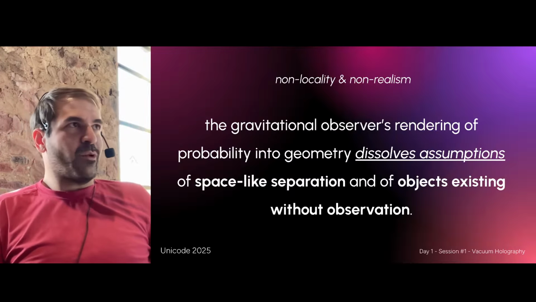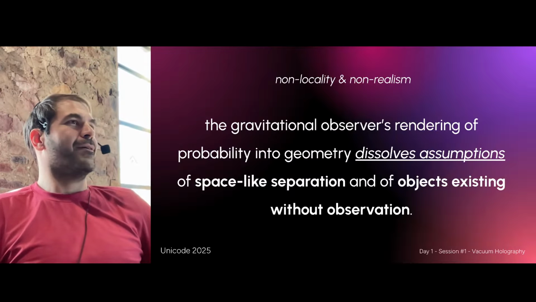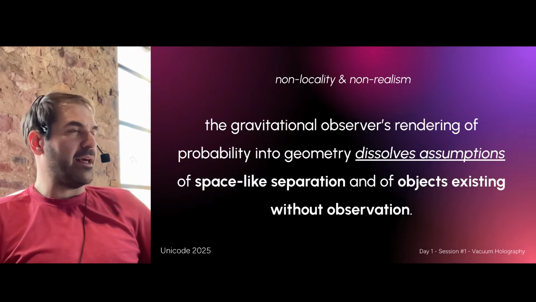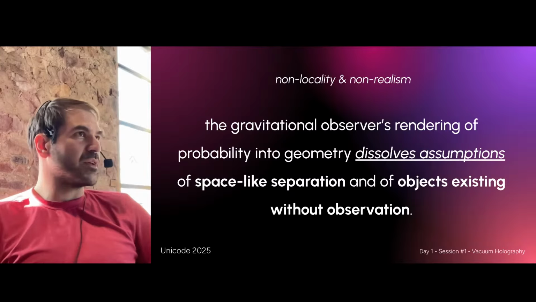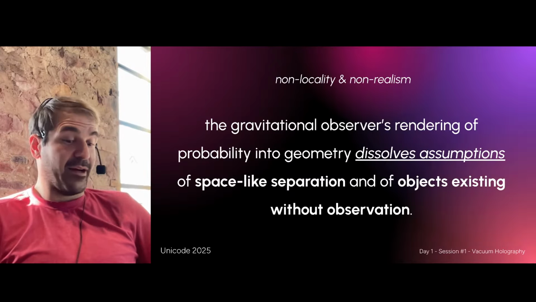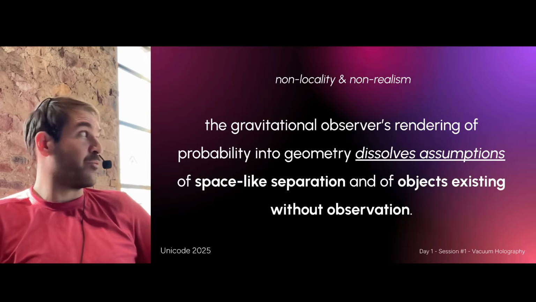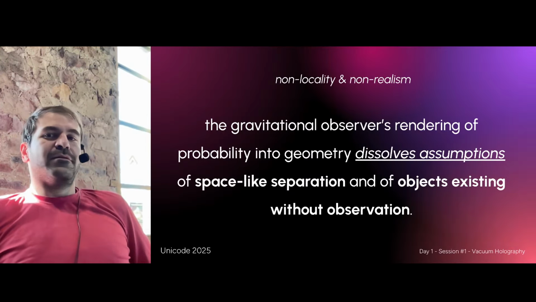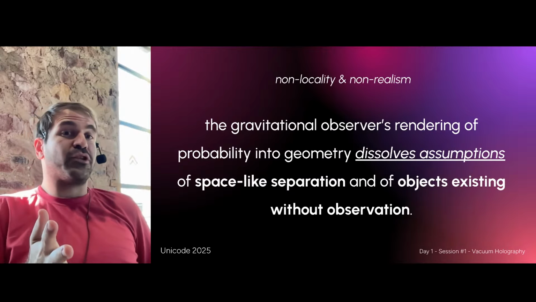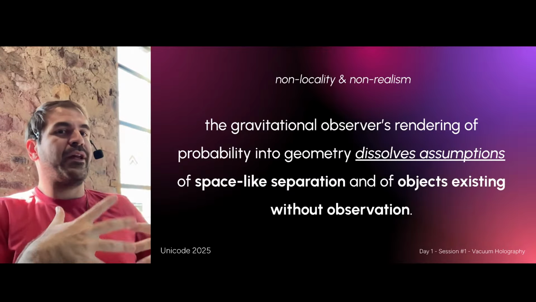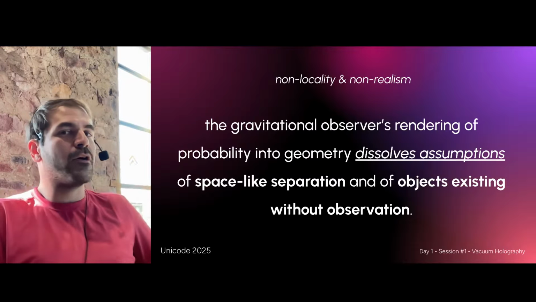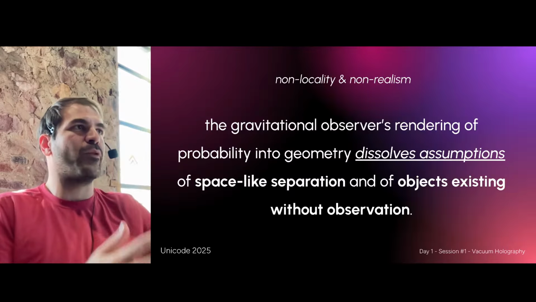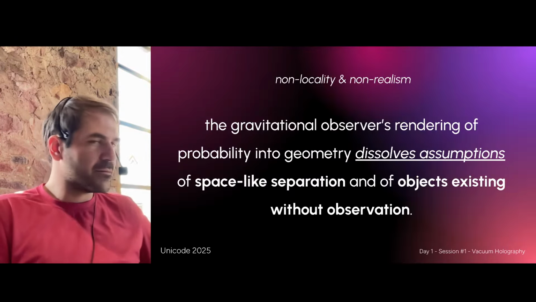So this is where physics is at, and it's a little bit uncomfortable for a lot of physics to be making this next leap. It was cool that you can feel it, because I really can feel it. So the gravitational observer's rendering of probability into geometry dissolves assumptions of space-like separation and of objects existing without observation.